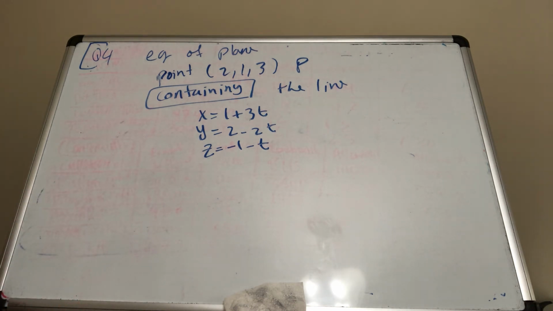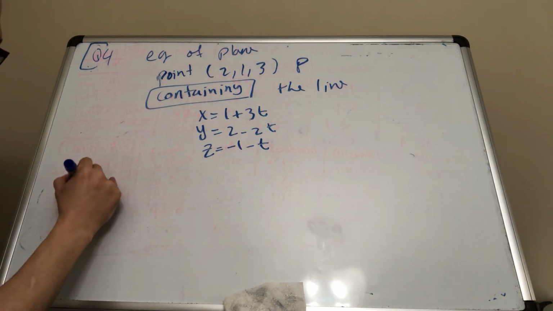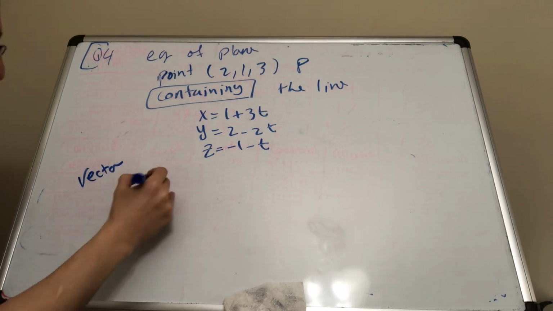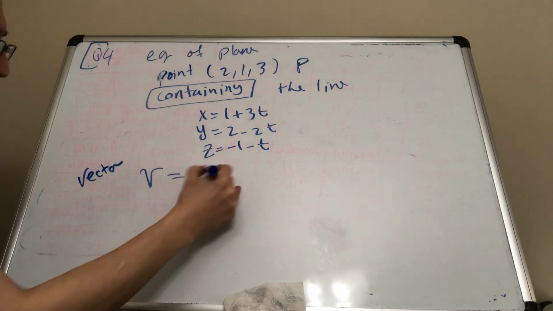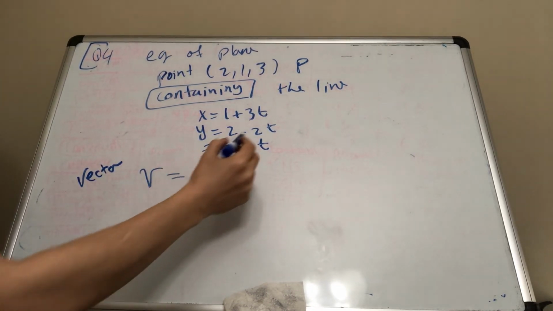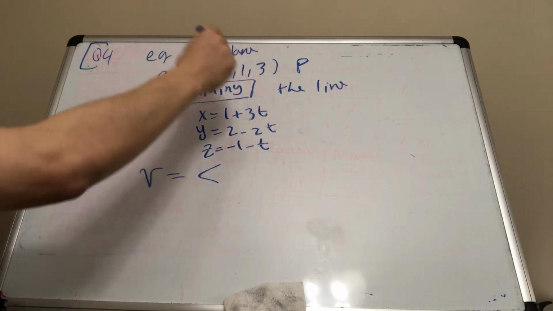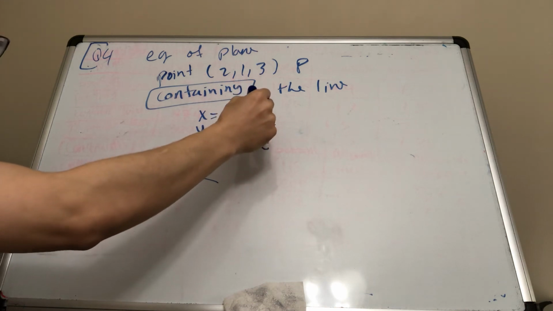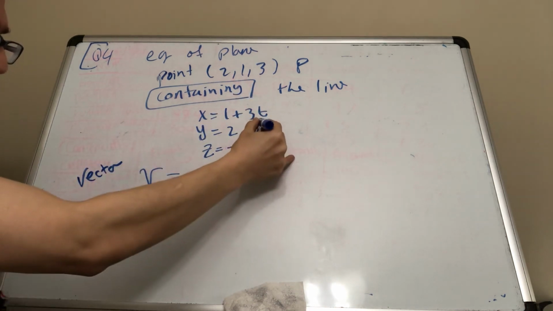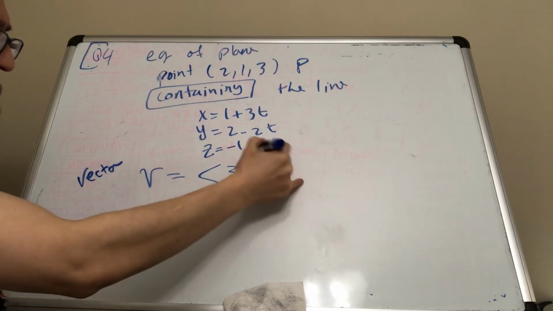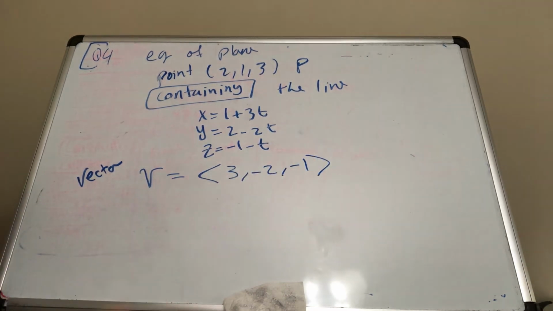What you need to do is you figure out a vector. Since this line is in the plane, the vector would be: take the first slope, the second slope, and the third slope.